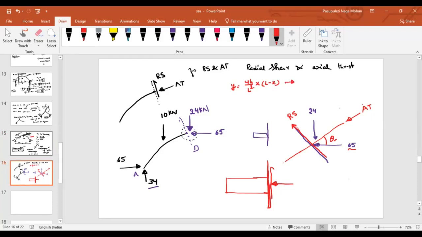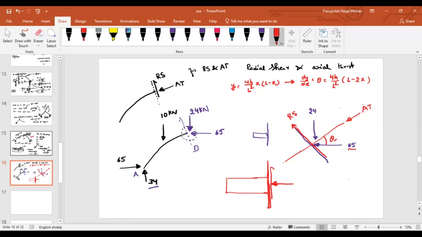How it varies with respect to x is nothing but your slope. Differentiating with respect to x, we get 4h by L square into L minus 2x.